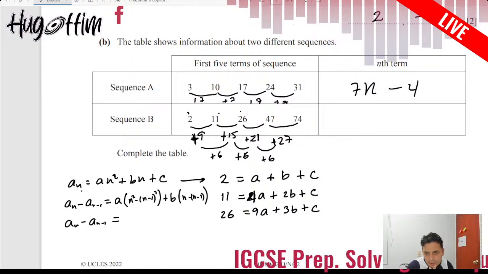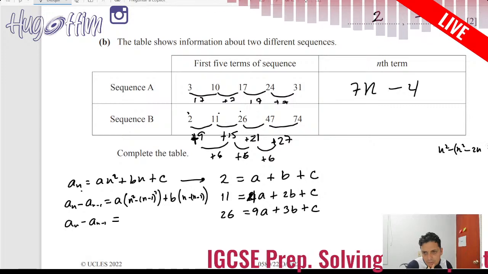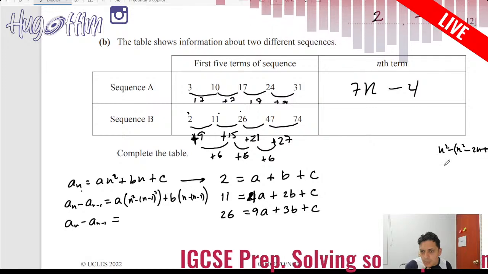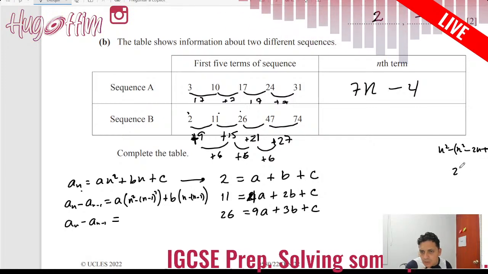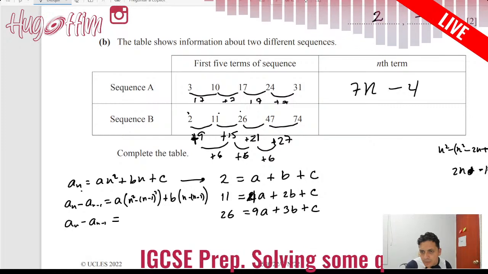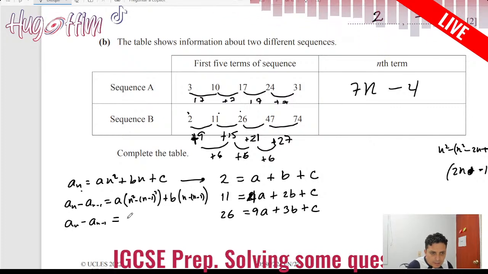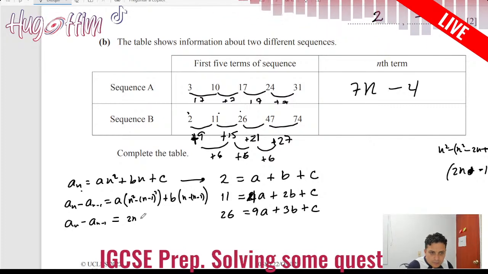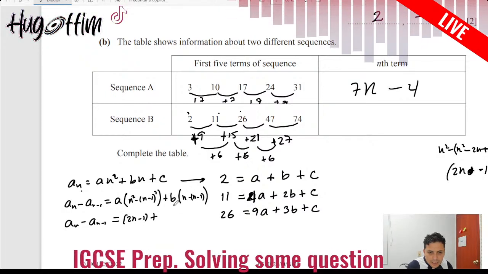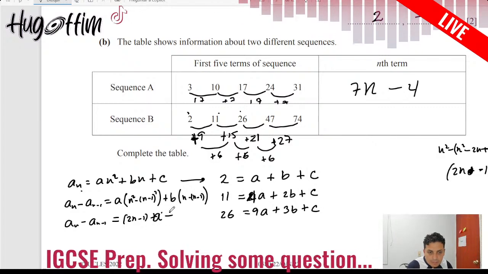So the first difference is a times n squared minus n squared minus 2n plus 1, which is 2n minus 1. So this is going to be 2n minus 1 times a, plus b.